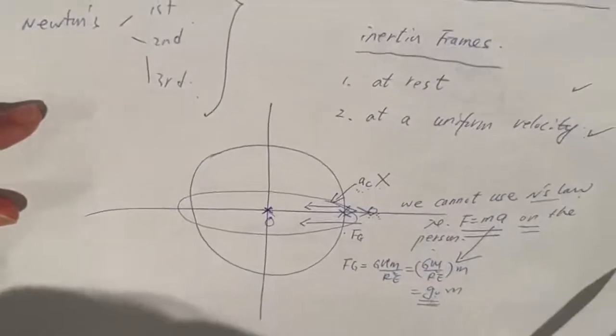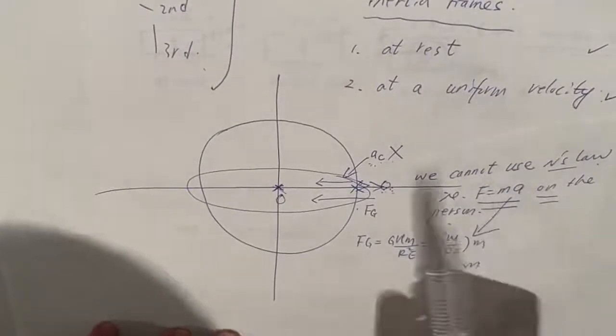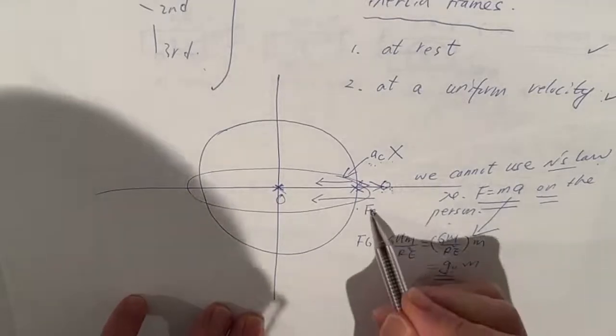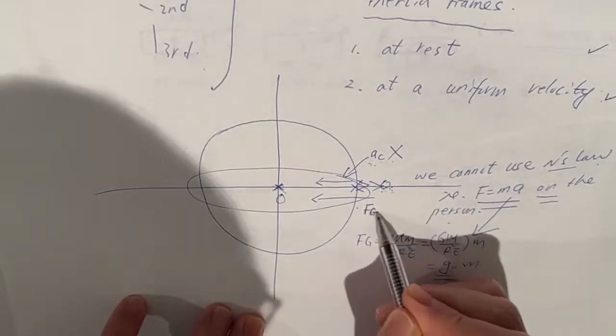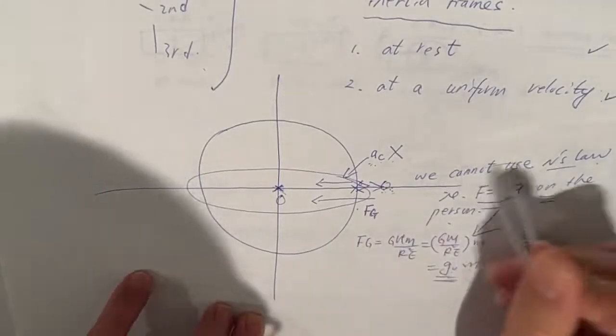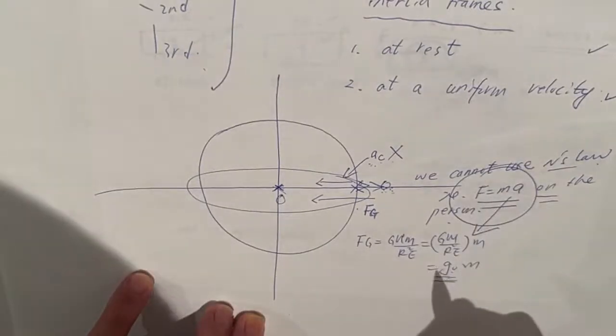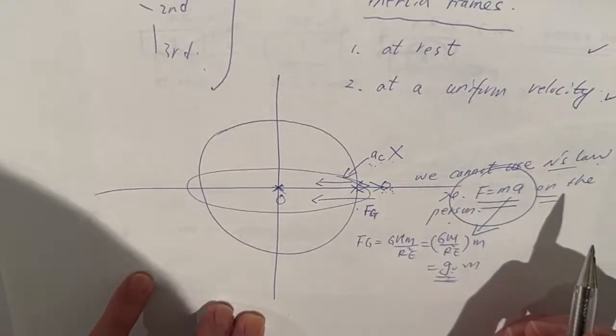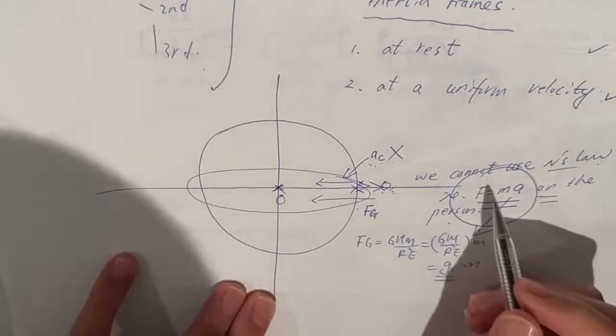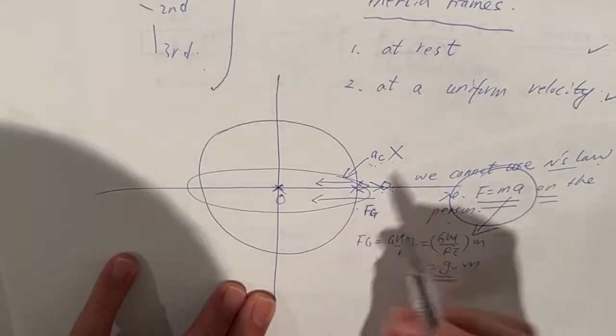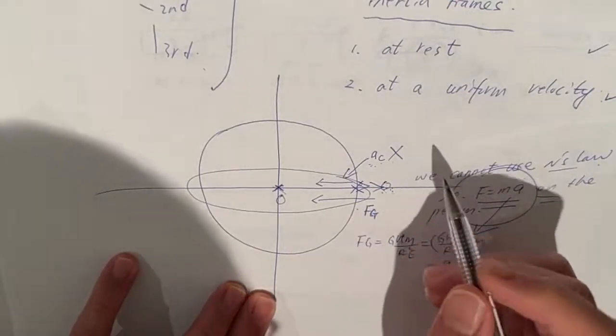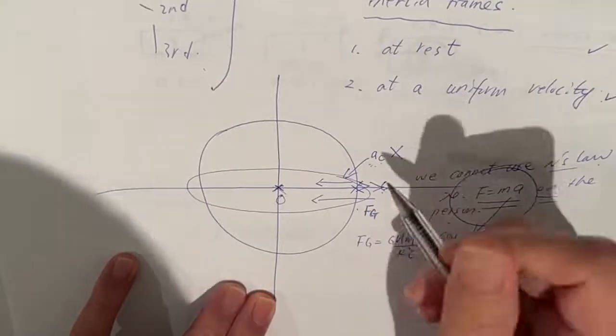So here, for this person, besides this force Fg, in order to use Newton's second law, F equal to ma, okay? We need to add another force. We call it the apparent force acting on this object.